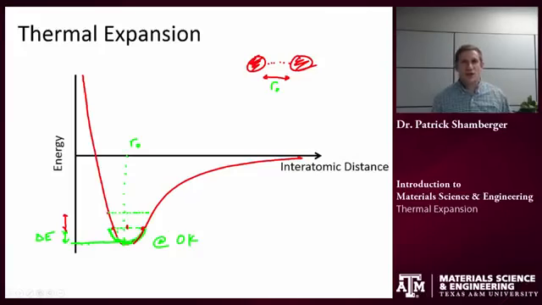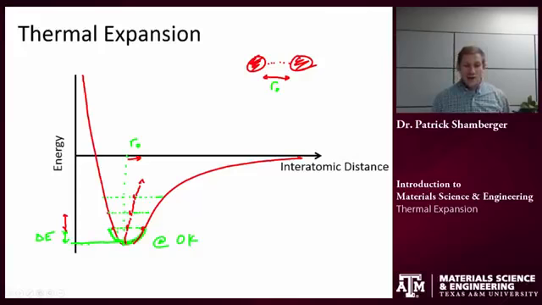The more thermal energy I'm putting in, the larger I'm able to get these vibrations to swing. So at this point, the average interatomic distance would be somewhere over here. And if we keep doing this process again and again, what you'll start to see is that the equilibrium thermal distance is getting longer and longer.